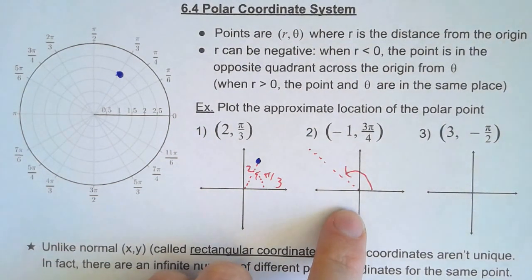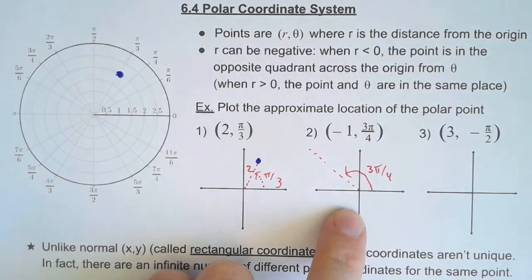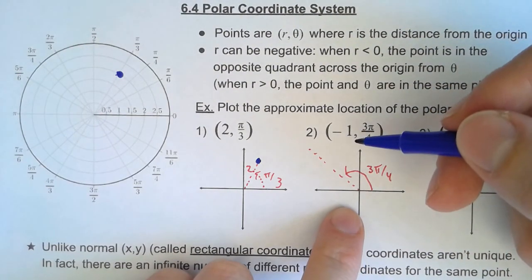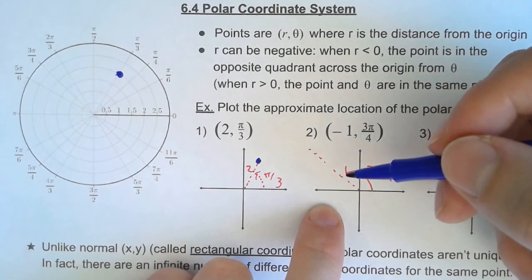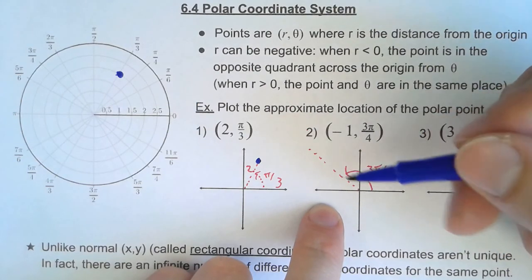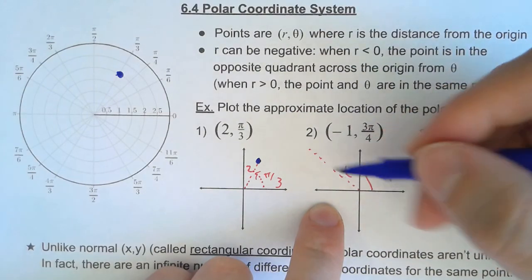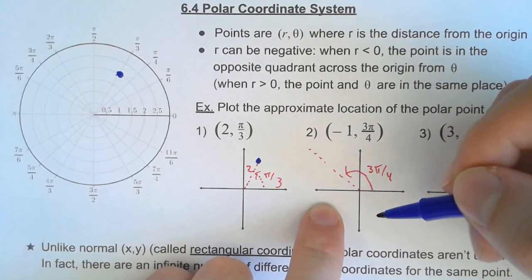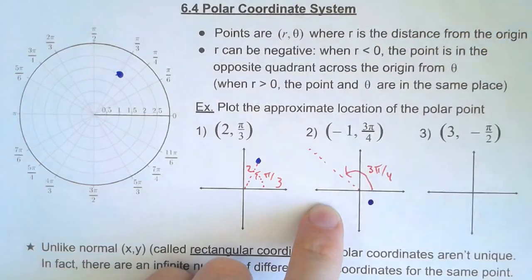But because r is negative, because we have that -1, the point is not going to be in the second quadrant anymore. That negative r flips us across the origin into a different quadrant. So instead of quadrant 2, we're in quadrant 4, a distance of 1 from the origin.